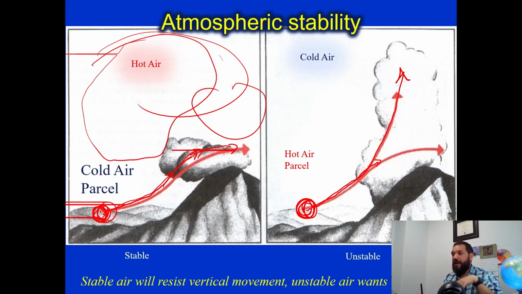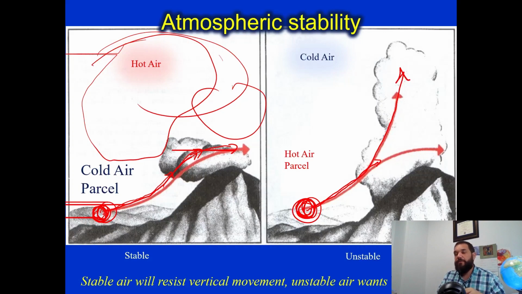A parcel of air, as it rises, is going to cool down according to one of the adiabatic lapse rates. It's going to cool down according to the dry adiabatic lapse rate if it's not condensing, and according to the wet adiabatic lapse rate if it is condensing. But totally separate from that is something called the environmental lapse rate.